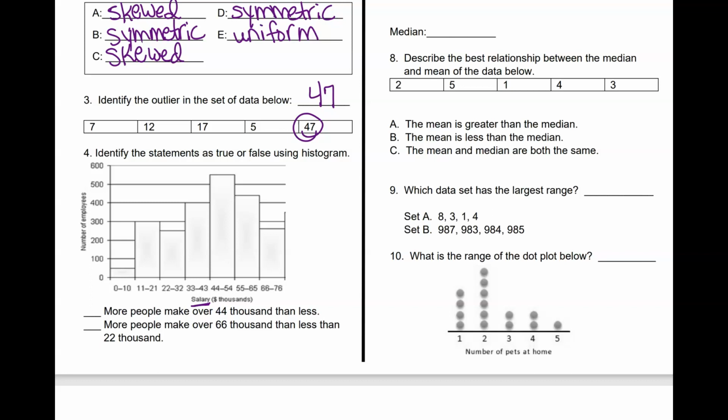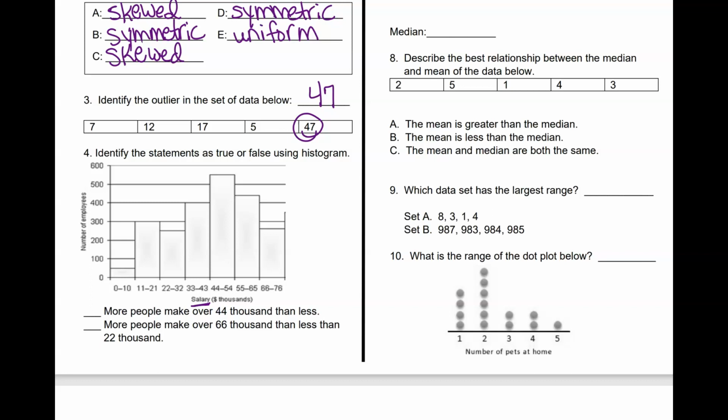We are starting with 0 to 10, and this is in thousands, and then we have 11 to 21,000, and on the side is the number of employees who actually make that amount. So more people make over 44,000 than less. Let's go ahead and put the numbers of each one above the bars.